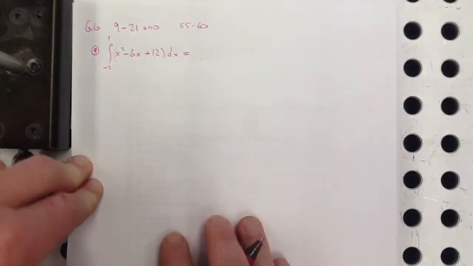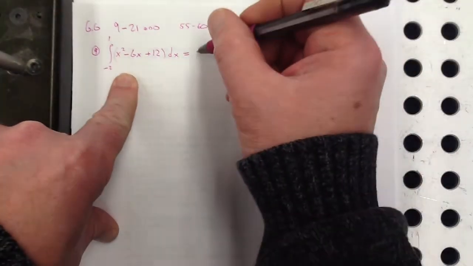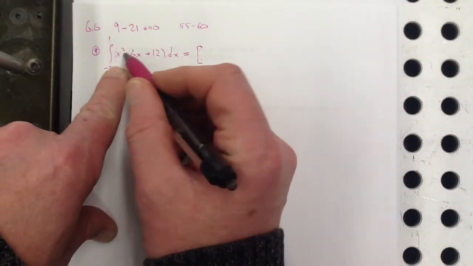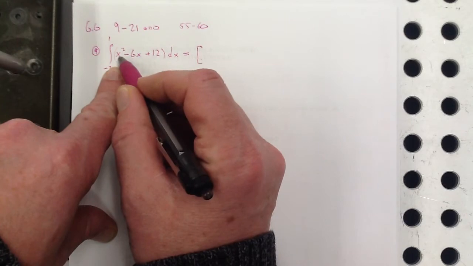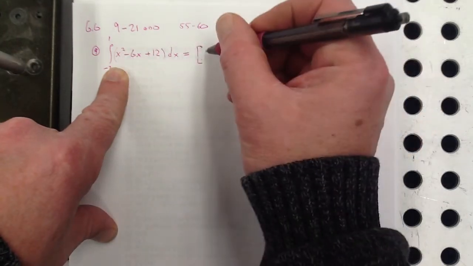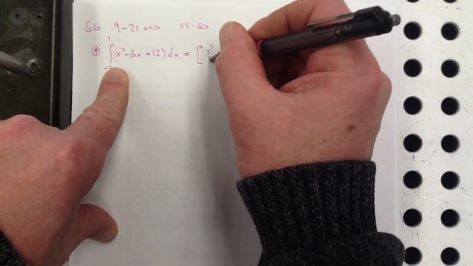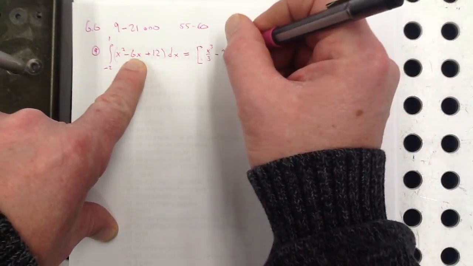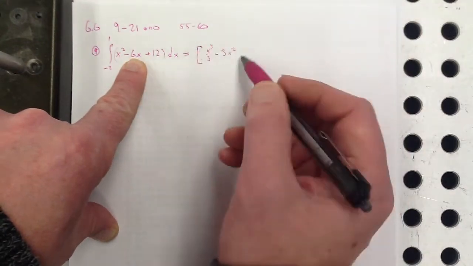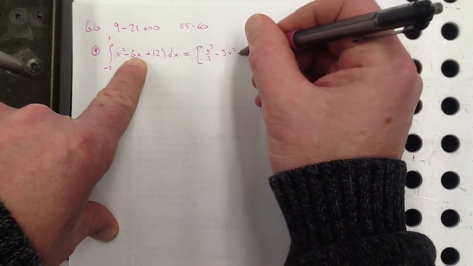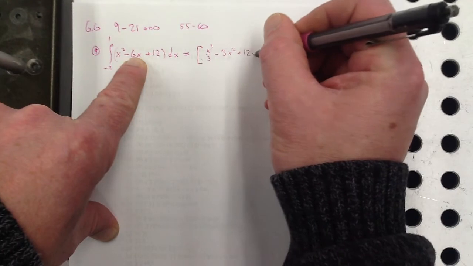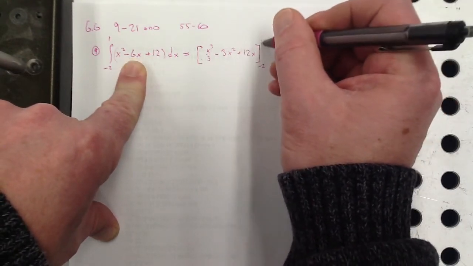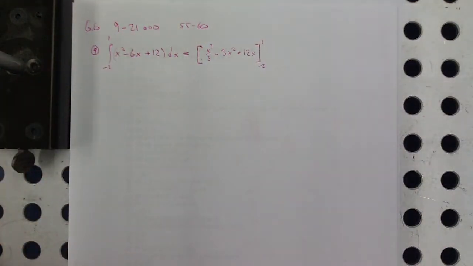So let's see. What do you do with this? Well, we find the antiderivative. So the antiderivative of x squared. The reverse power rule is add 1 to the exponent and divide by the new exponent. And you can check. I've been teaching calculus for hundreds of years, and still it's way easier for me to take derivatives than antiderivatives.